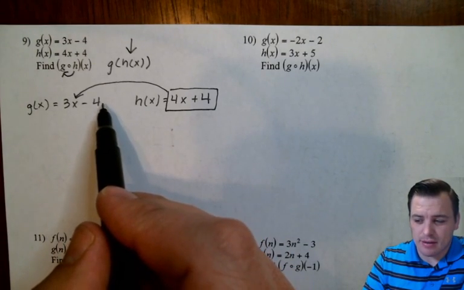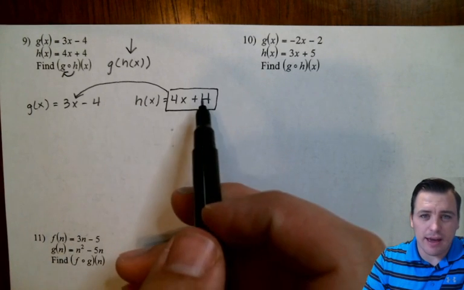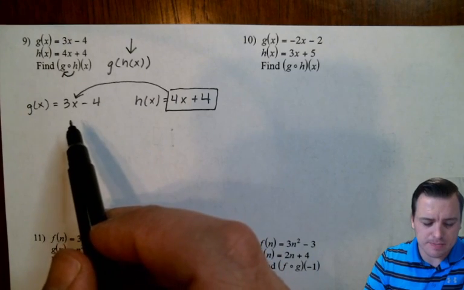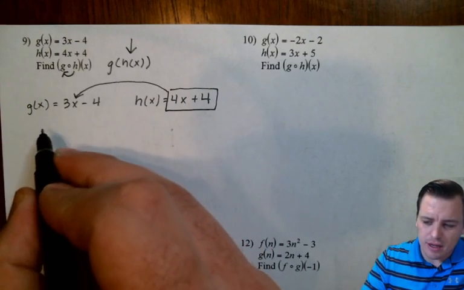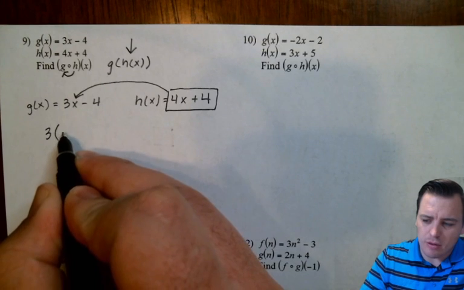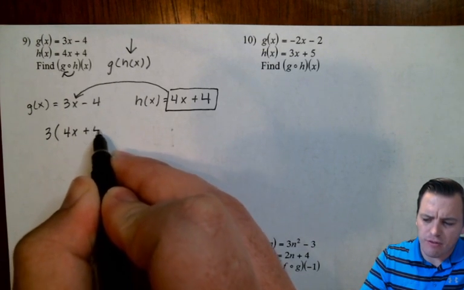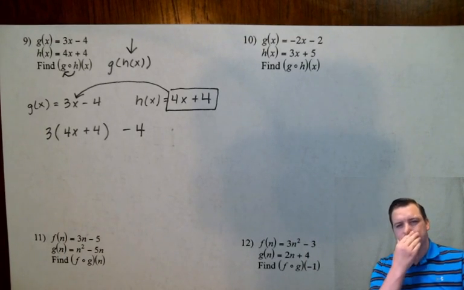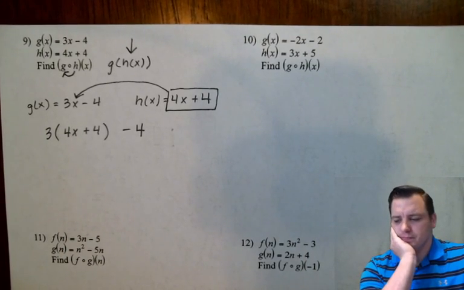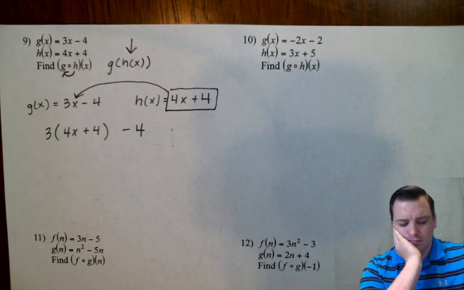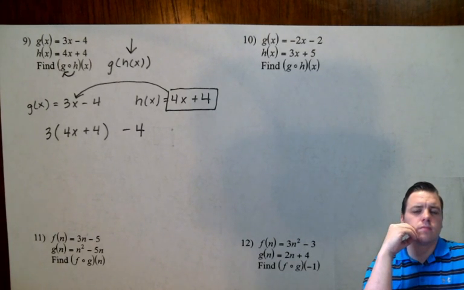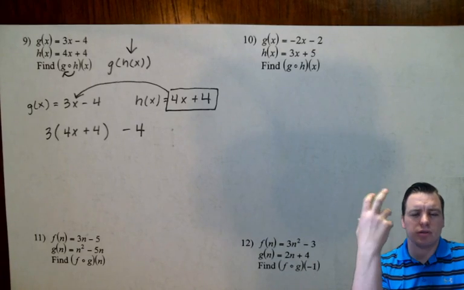But let's say there was another x squared here, I'd have to put that 4x plus 4 into that x as well. So you have to put it in all x's. So from here, here's what it looks like: 3 times the quantity 4x plus 4, minus 4. And then from there, guys, we're just simply solving it.